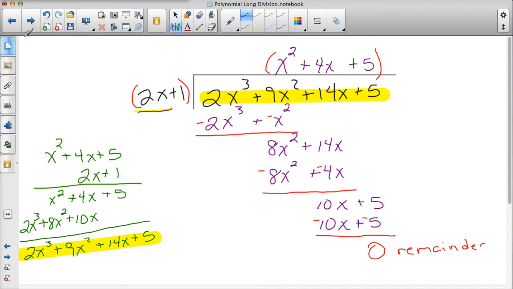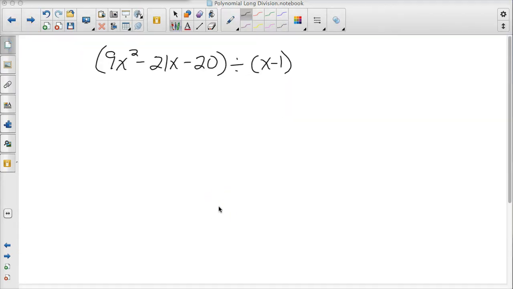Try another example. What happens when you divide and your divisor is not a factor of a polynomial? If you think about it, you might think that you have a remainder, and that is true. So let's see if our divisor x minus 1 is a factor of our polynomial 9x squared minus 21x minus 20.